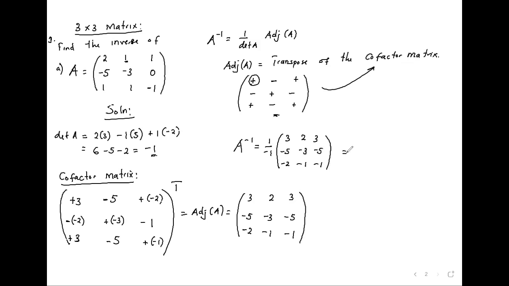So 1 over -1, that is just -1. Multiply throughout, we get -3, -2, -3. And then 5, 3, 5. And then 2, 1, 1. Like that.